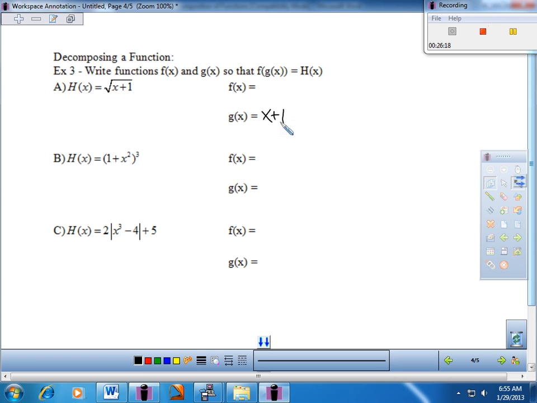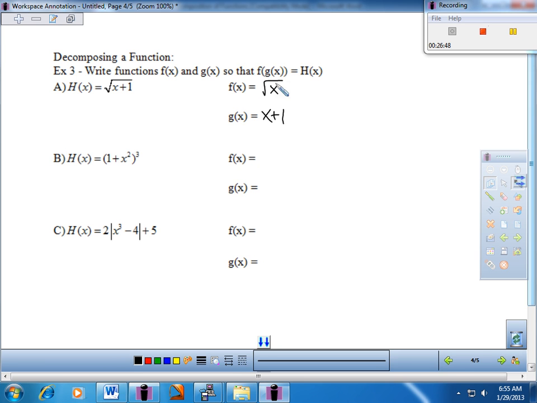Now remember how a composition works. That function replaces the input of the other function. So if I've taken x plus 1 out, then this has to be represented as the input, because this would replace the input of the f function. And so if I pulled x plus 1 out, then all I have to do is replace it with x.